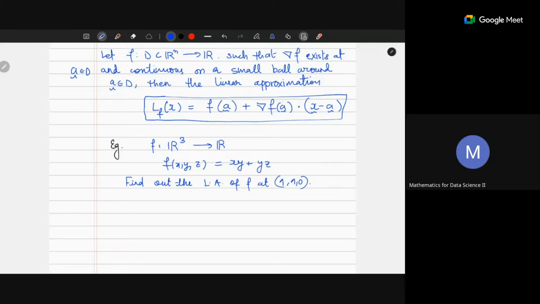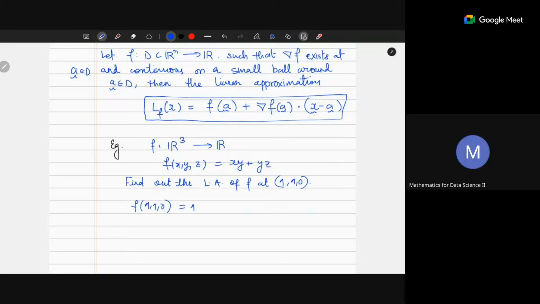So what will be the linear approximation of f? What is f of a first of all? f of 1, 1, 0. What is this value?